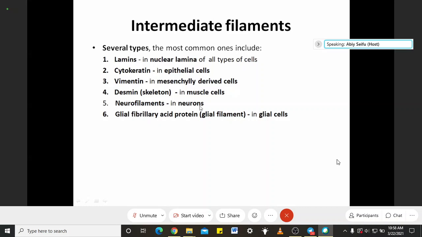Instead, they have another type of intermediate filaments known as glial fibrillary acidic proteins or glial filaments. So you see, we can have different types of intermediate filaments which are specifically found in different cells. This means that this type of intermediate filaments can even be used as markers. They can be markers for a given type of cells. I can give you one good example, like, for example, you see, we also have covered the histological technique earlier.